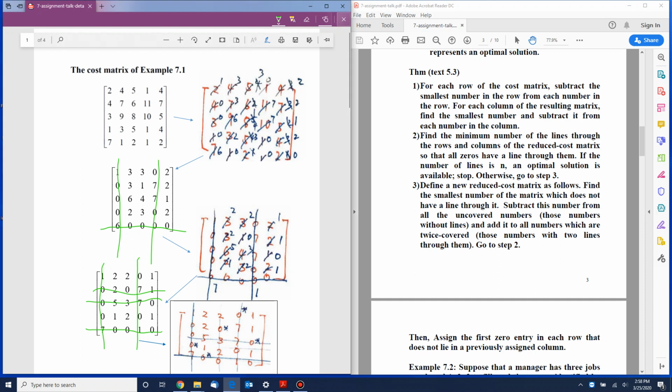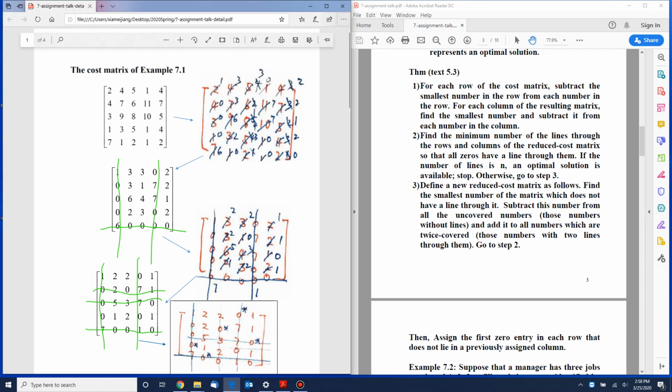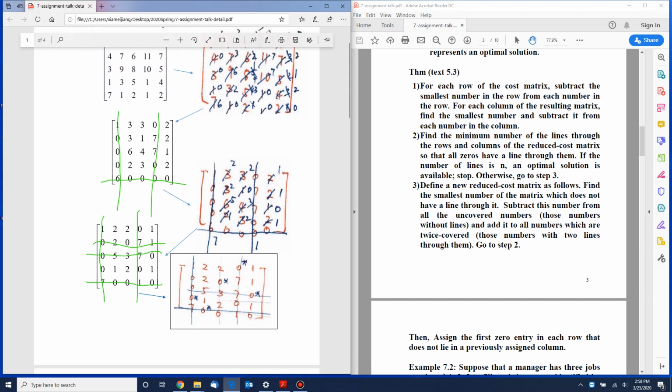For the second row we have 2 zeros there, right? Which one should we choose? You may choose the first one, that is the 0 entry on second row, first column. You may choose that one.